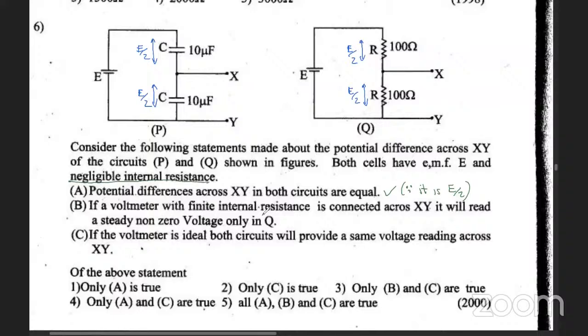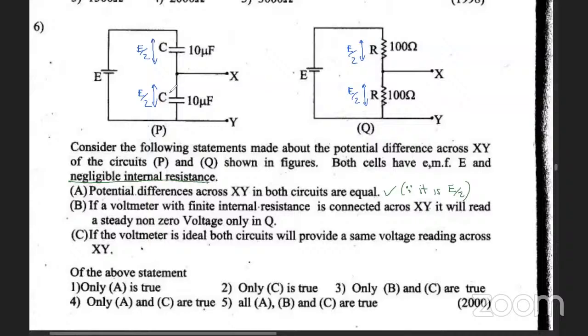If a voltmeter with finite internal resistance is connected across XY, it will read a steady non-zero voltage only in Q. So what will happen here if I put a voltmeter with finite internal resistance?